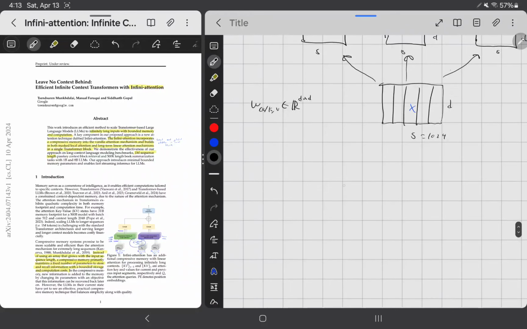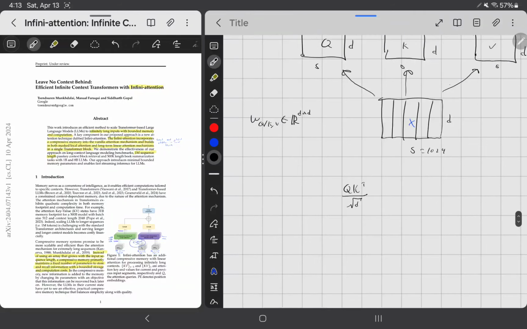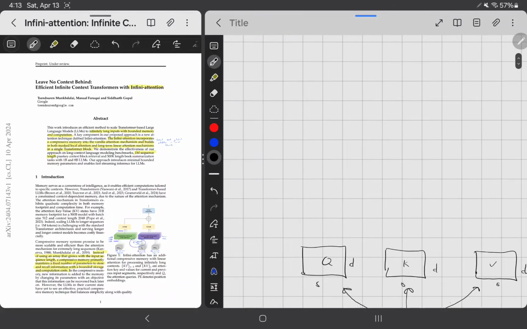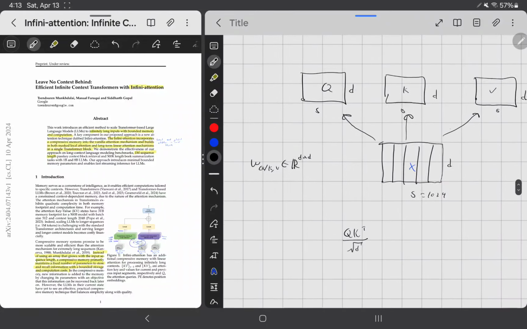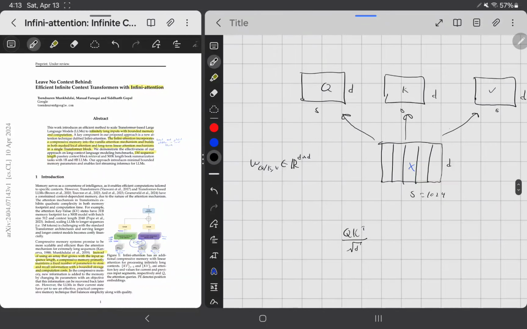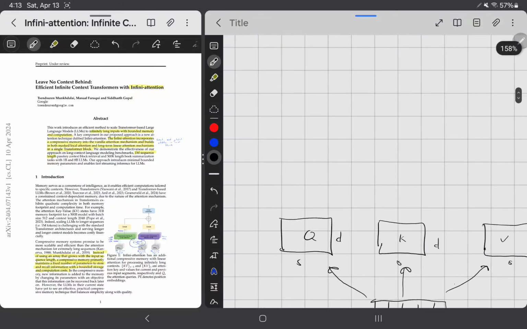Now, what you do is you first compute QK^T, and then you divide by the square root of the dimension. This is just a normalization factor, I think just to stabilize the values in the softmax operation.